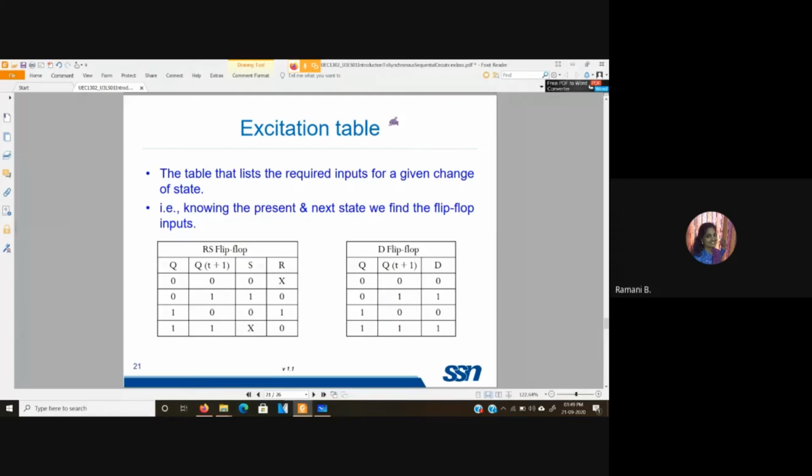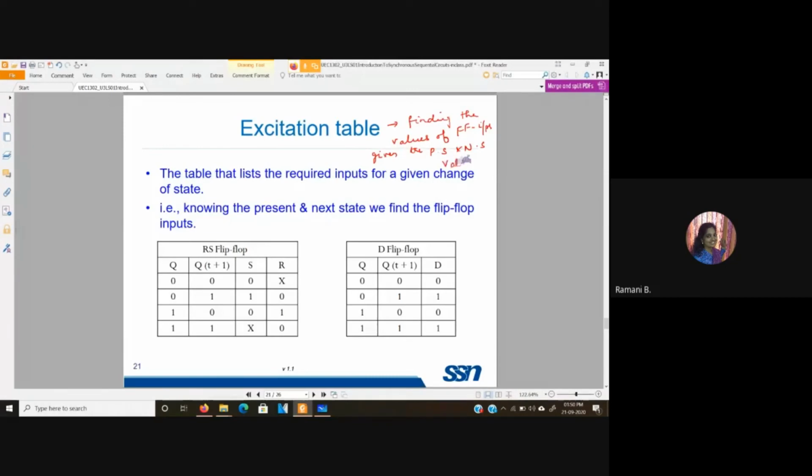So in case of the excitation table, you will be finding the values of flip-flop inputs given the present state, which I denote as PS, and the next state values.